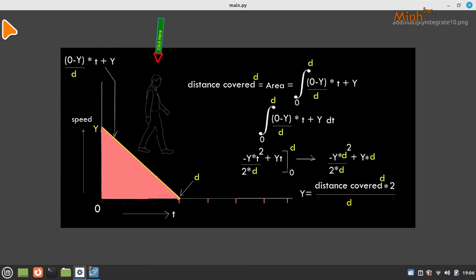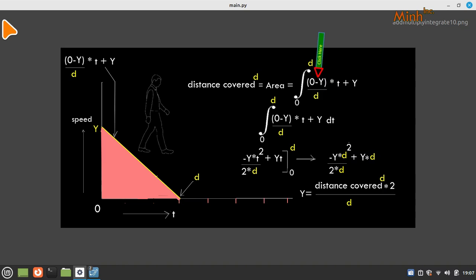So this is the equation of the line. If time is 0, this whole stuff becomes 0, and here the speed is y. If time is d, then d by d is 1, which leads to minus y plus y equals 0. So at time d the speed is 0, and at time 0 the speed is y.